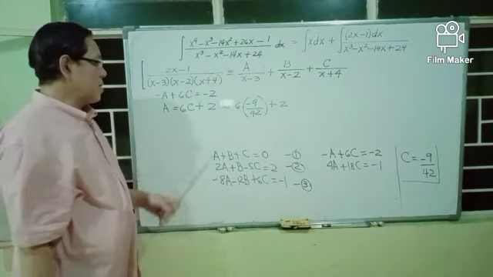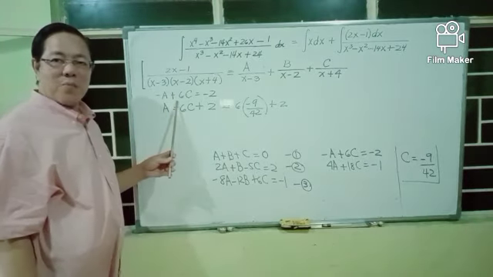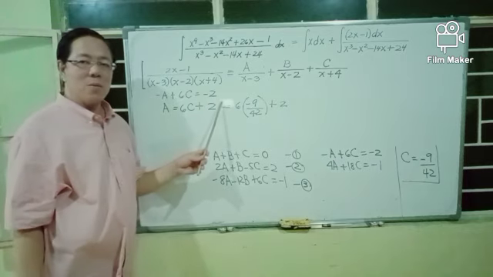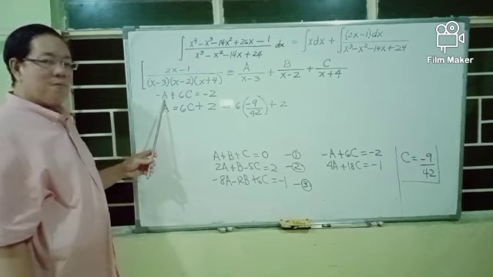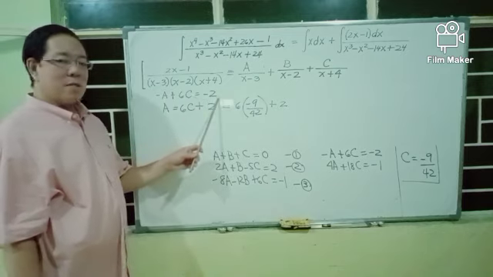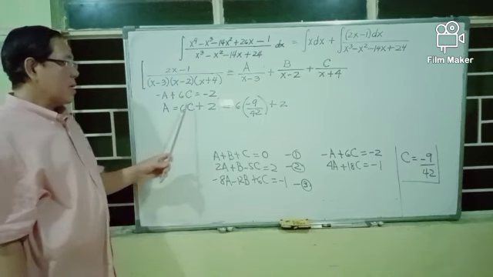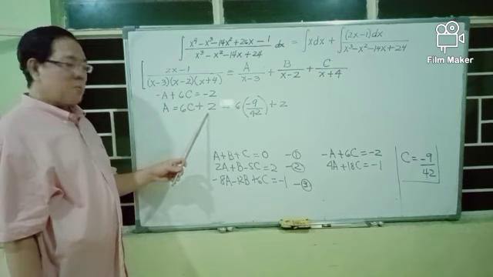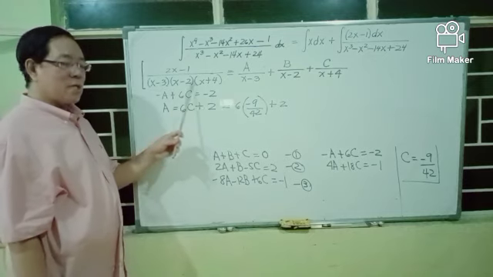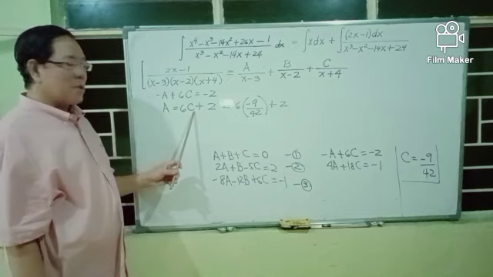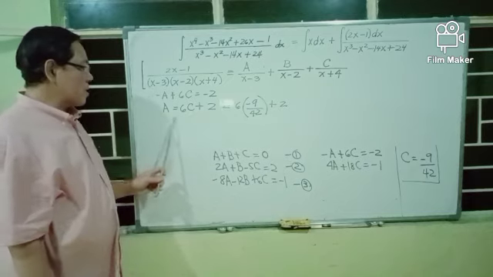Again, as I said earlier, I will solve for the value of a from this equation, minus a plus 6c equals negative 2. We transpose negative a to the other side, we get positive a. And we transpose negative 2 to the left-hand side, you get plus 2. And we substitute the value of c into this equation.